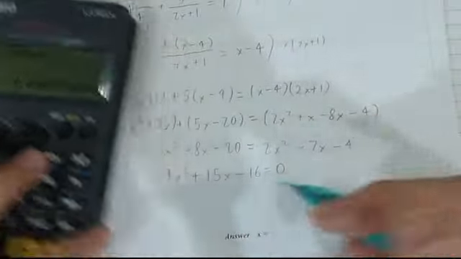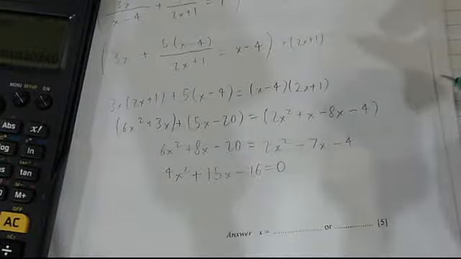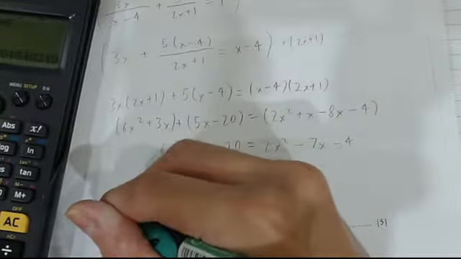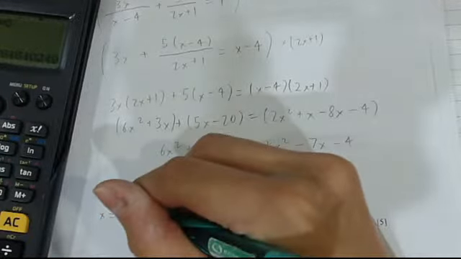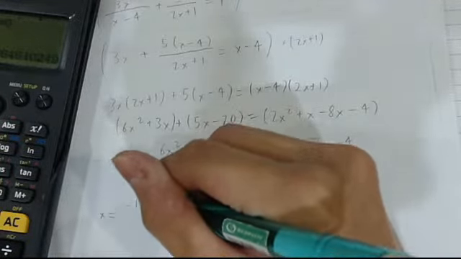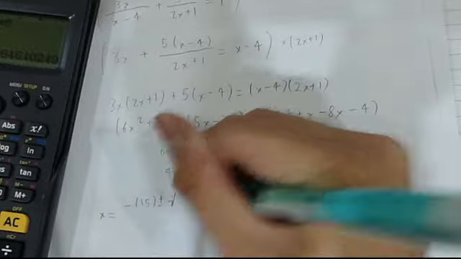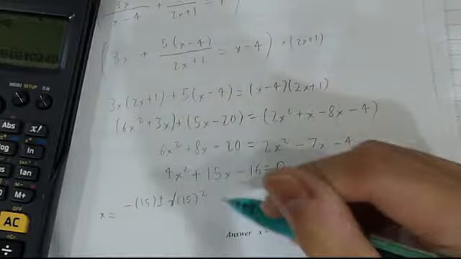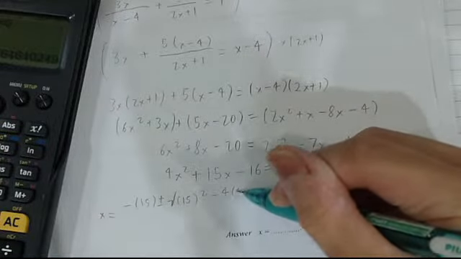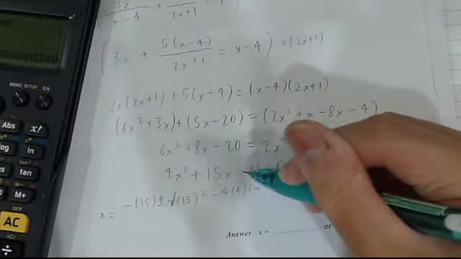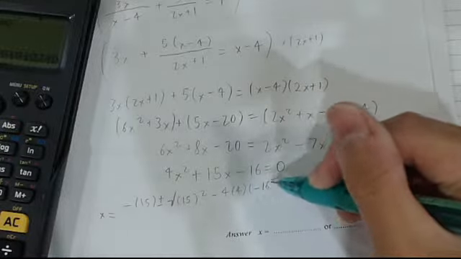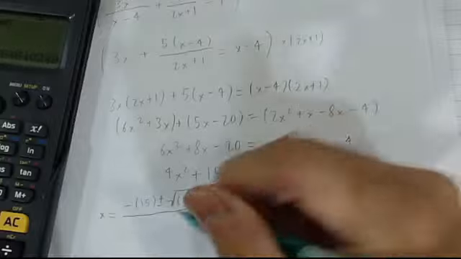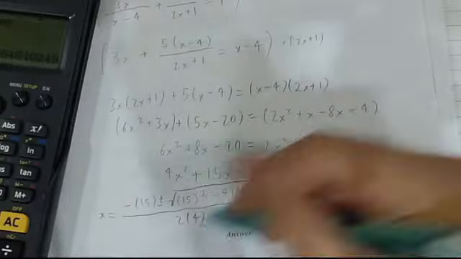Well, it looks like we have to use the quadratic formula because the solutions are decimals. So x is equal to negative b, negative 15, plus or minus the square root of b squared, that's 15 squared, minus 4ac, a is 4, and take note of the negative here, negative 16 is our c, over 2a, which is 2 times 4.